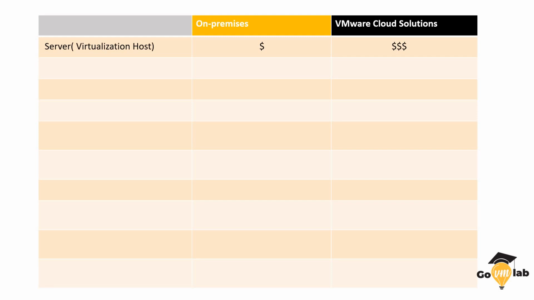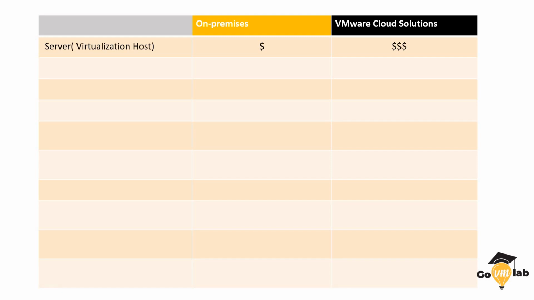The servers which are running in the VMware Cloud on AWS offering, Google Cloud VMware Engine offering, or maybe Azure VMware Solution offering, these servers have high compute, memory, and resources.